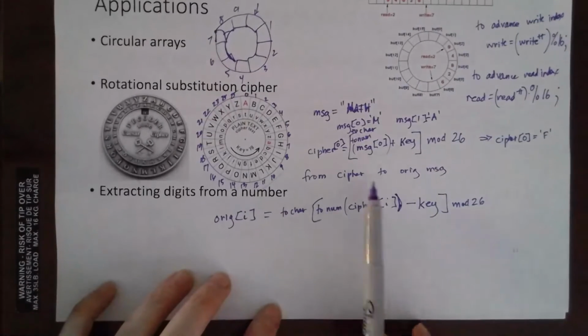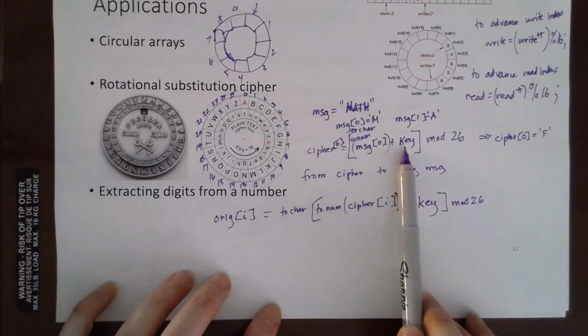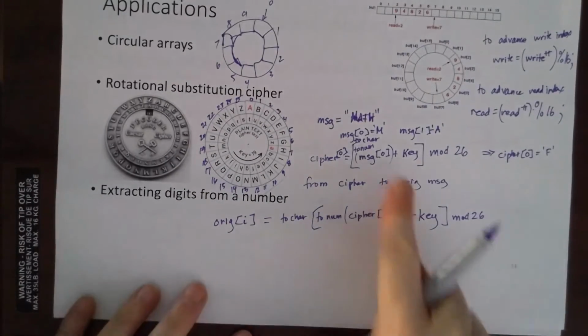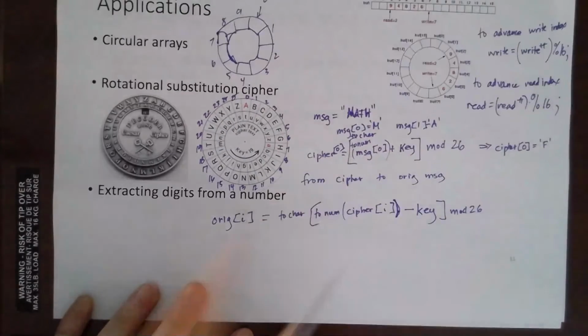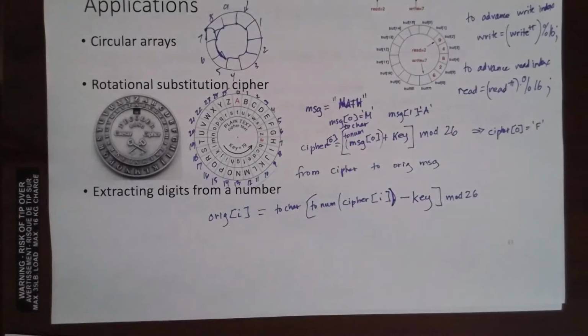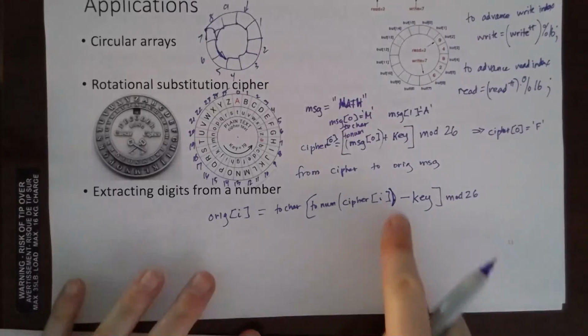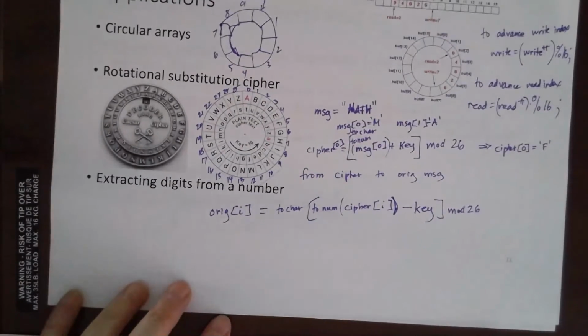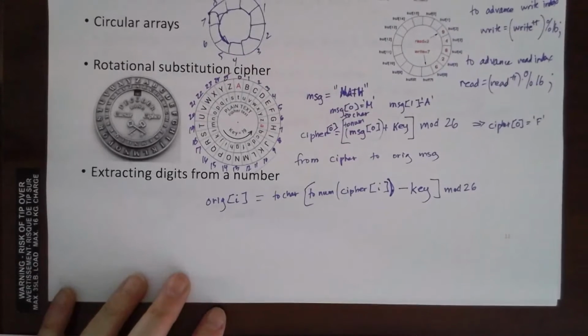So if I add the key, that's like turning it clockwise to get the hidden message, and then this simulates turning it counterclockwise, subtracting off the key to undo what we did if I want to get back the original message.